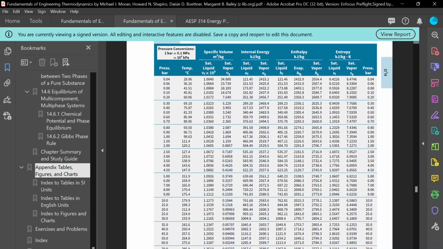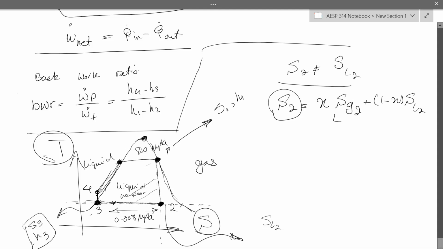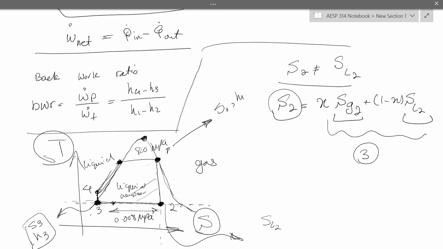Okay, so we can read the entropy of gas at station 2. We can also read the entropy of liquid at station 2, which is going to use the information of station 3, because the only thing that is changing between station 2 and station 3 is the amount of vapor you have in your system.